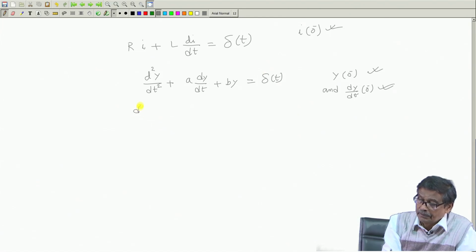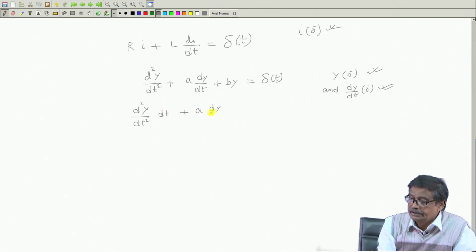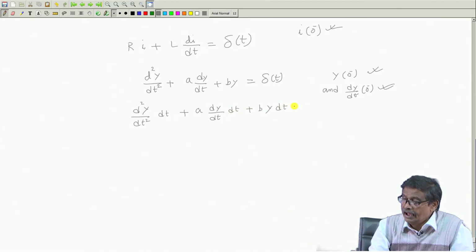So, multiply both sides by dt: d2y/dt2 dt plus a dy/dt dt plus b y dt, and this side will be delta t dt.